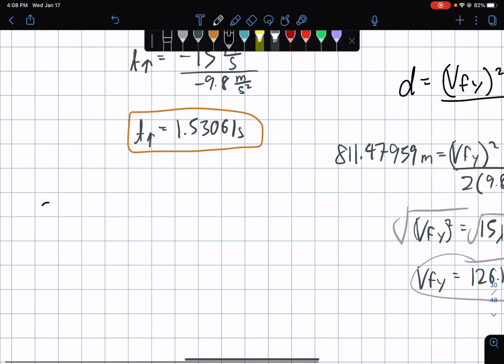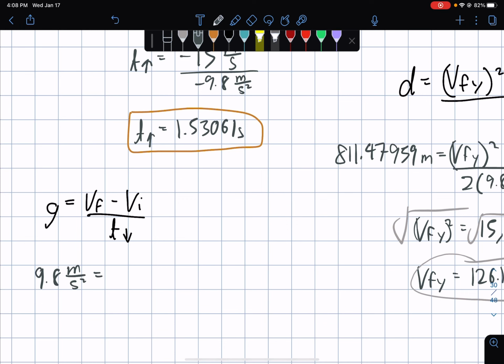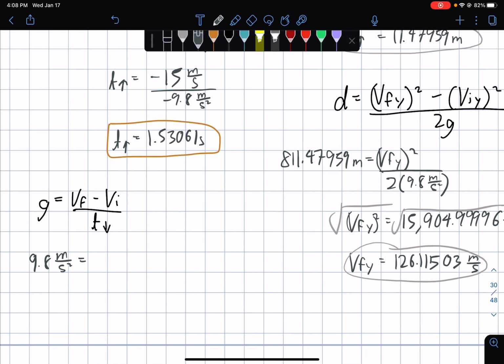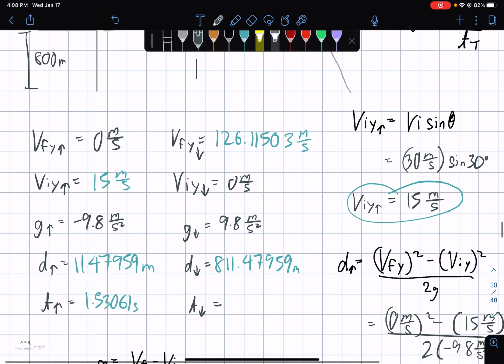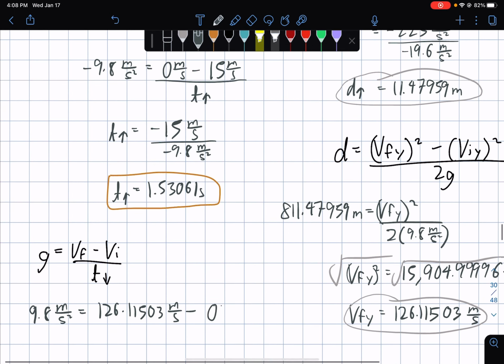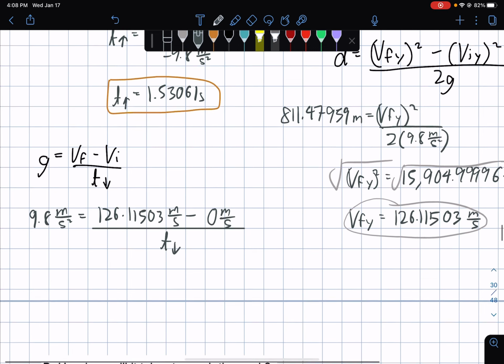Let's try this formula. G is equal to VF minus VI over total time going down. So the gravity of going down is 9.8 meters per second squared. The Vfy is 126.11503 meters per second. Viy is equal to what? 0. So what is the time total going down?